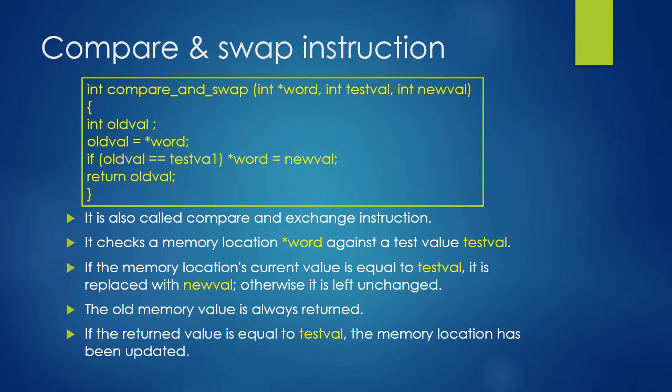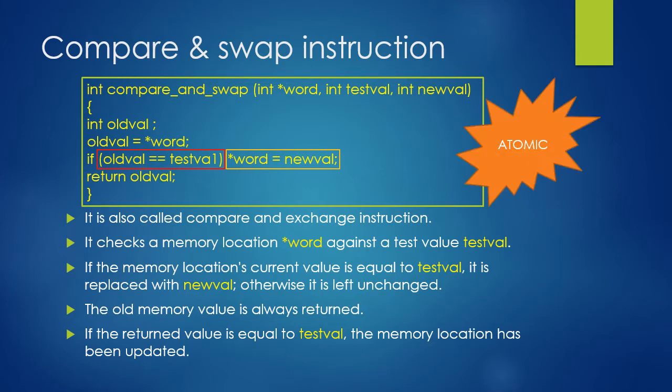This atomic instruction therefore has two parts: a compare, which is made between a memory value, pointer word, and a test value, testval, and it is shown here in the red box. If the values are same, a swap occurs in which we assign newval to pointer word, shown here in the orange box. The entire compare and swap function is carried out atomically, that is, it cannot be interrupted.